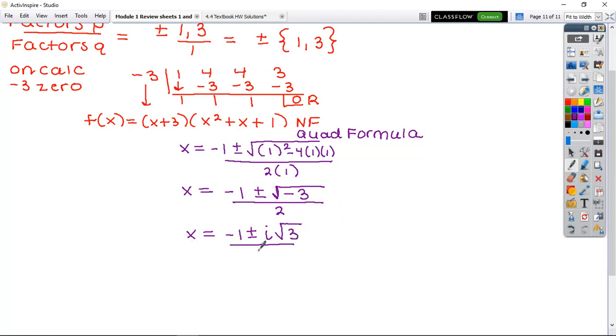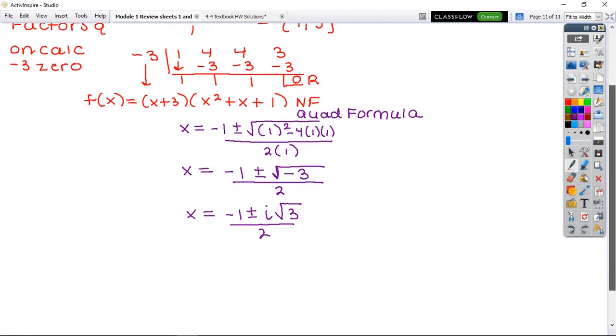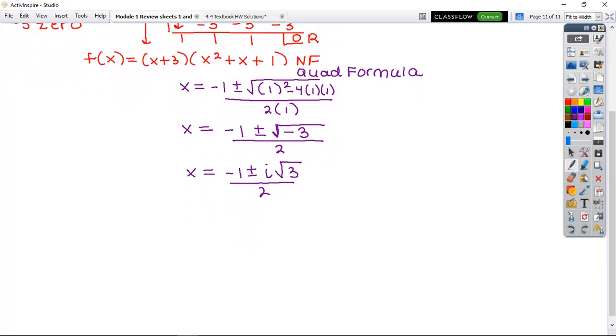And then I would like a conclusion. So we have 3 roots. We had in this particular instance 1 rational, 2 imaginary. Remember, imaginary always come in pairs.